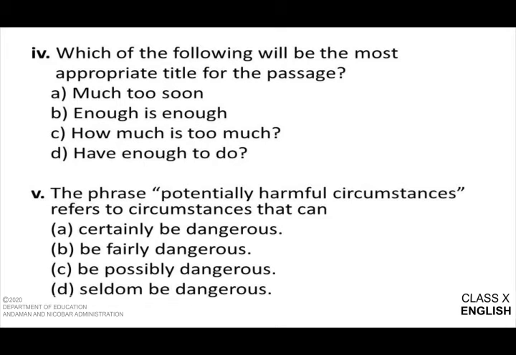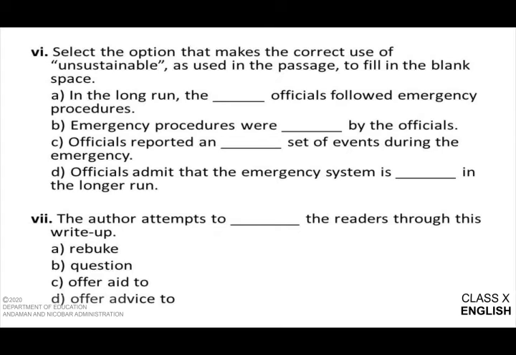Now, let us move to the next question. Select the option that makes the correct use of unsustainable as used in the passage to fill in the blank space. So, children, now try to understand this question. You might have heard the term sustainable in your social science. Sustainable resources, sustainable development.